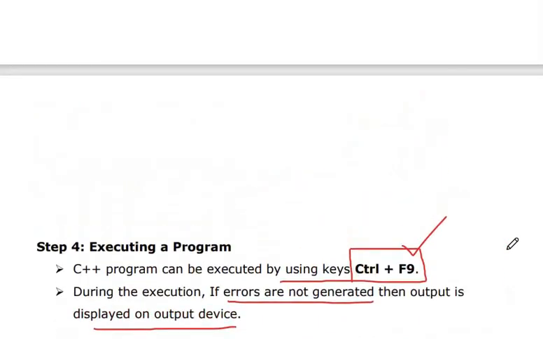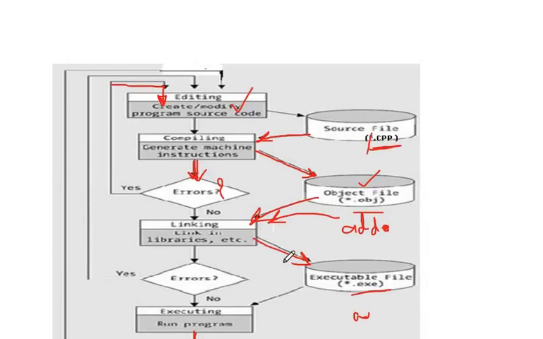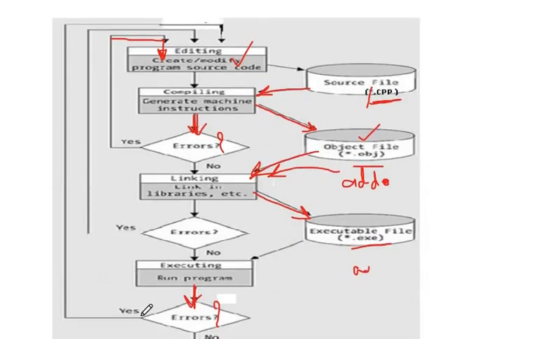Then the programmer must go to the source program, rectify the code and remove the errors once again. Once again, he has to do step 1, step 2, step 3, which is performed by the operating system or compiler, and step 4.